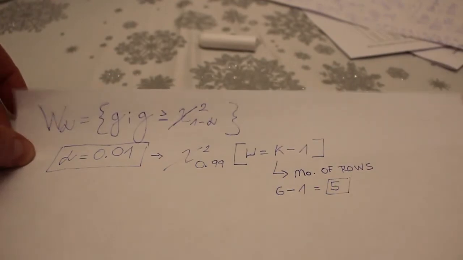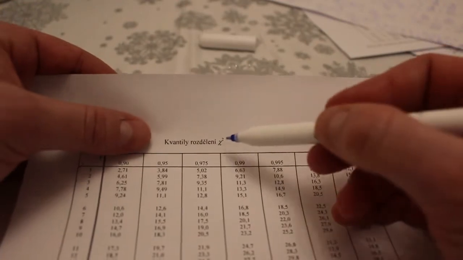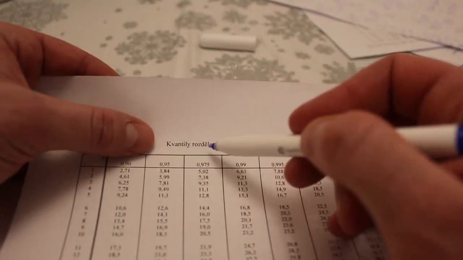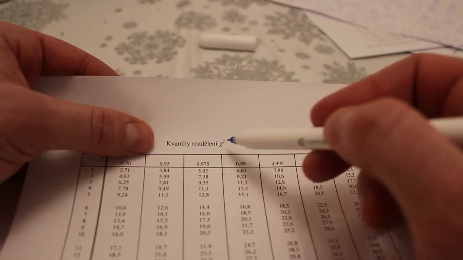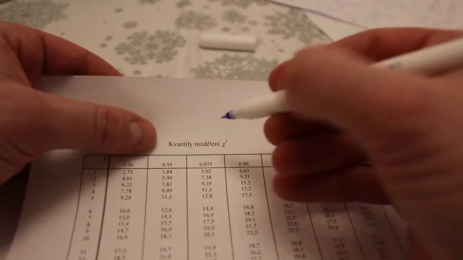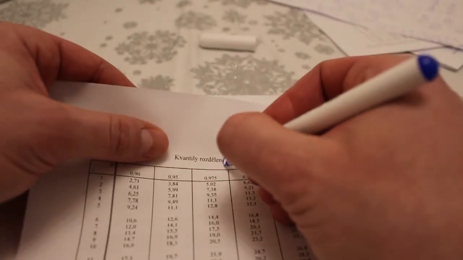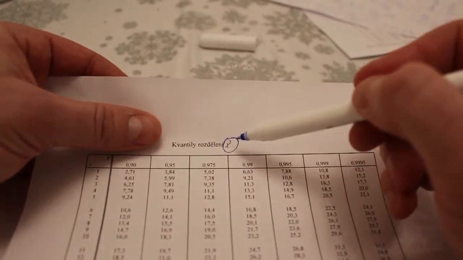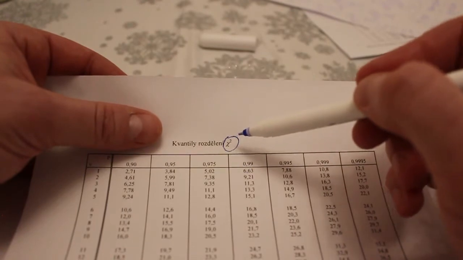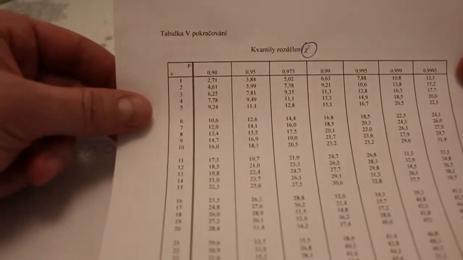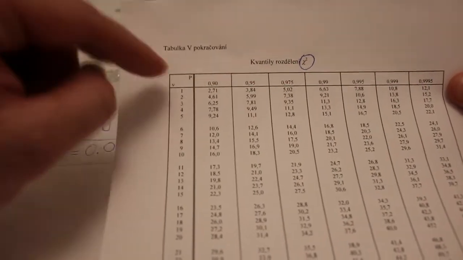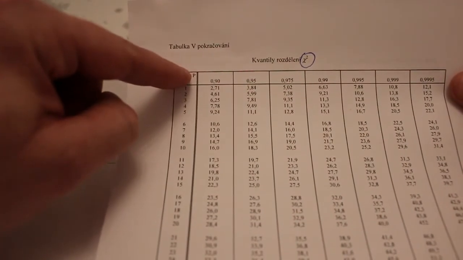So check your tables and find something where is written chi-squared. Yes, quantiles of chi-square distribution. Find this table with this small Greek letter chi. Yes. And degrees of freedom, ni, is written here, and p-value is p-value, yes?